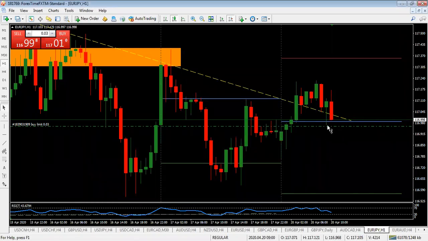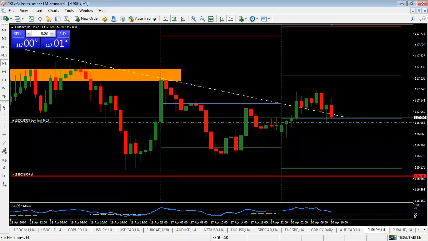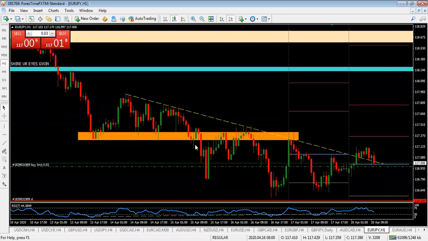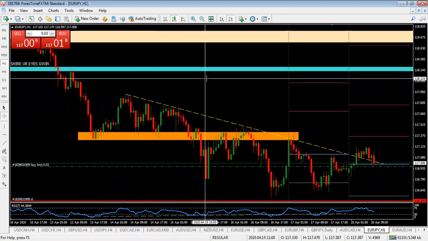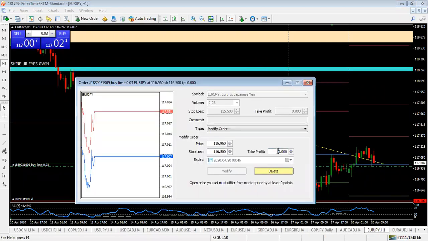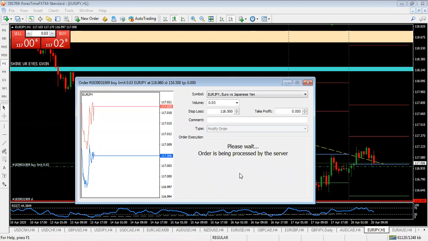So that's where we want to be. This rejection is not good enough here, in my opinion, so I want to reduce my risk. Now I'll be risking $12, and my TP1 will be 118,200.